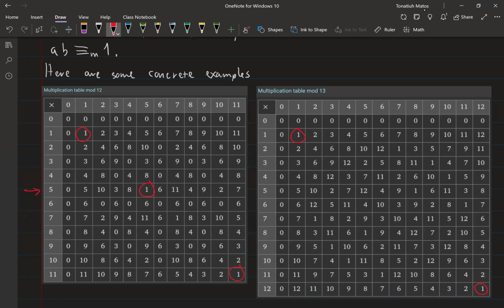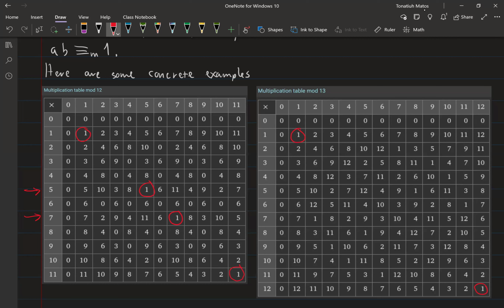So if we look at the 7th row and we move from left to right, eventually we'll always hit a number 1. And in this case, it happens to be its own inverse as well. This is again more or less a coincidence, or at least as far as the point I'm trying to get across, it is. Now, what other number? Did I skip something? I think that's everything, right?